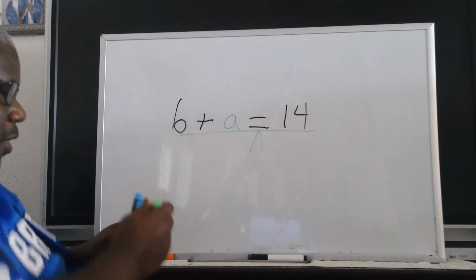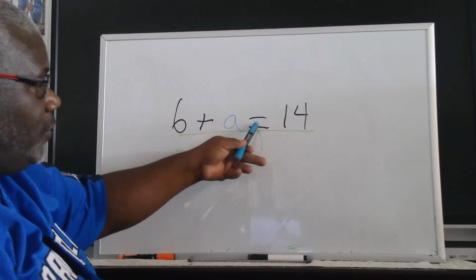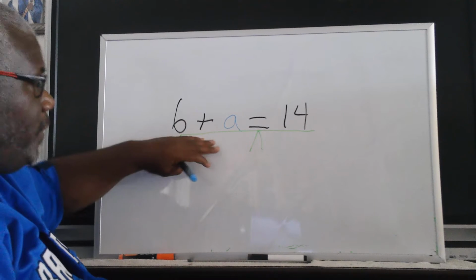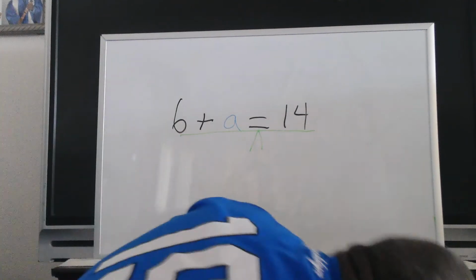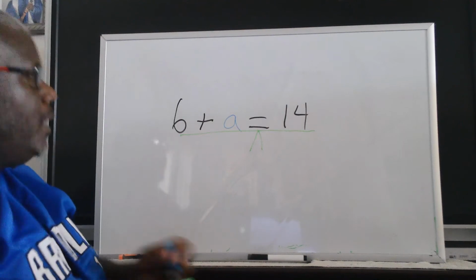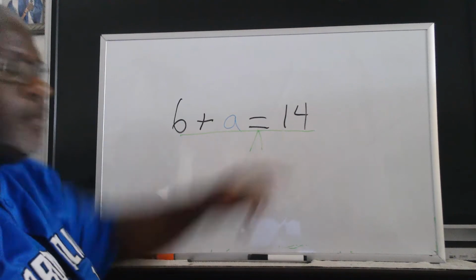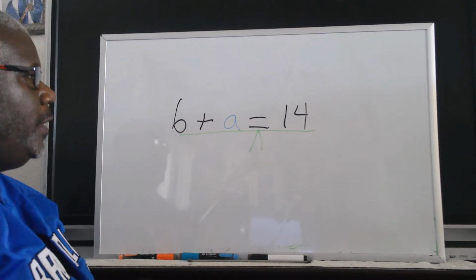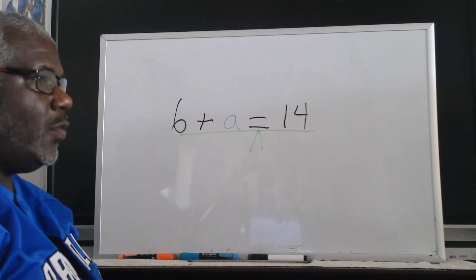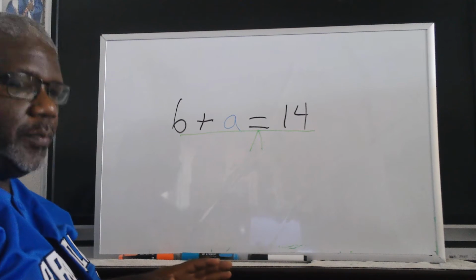This symbol, the equal sign, means what's on this side is the same as what's on that side. Real simple. Well, in mathematics, we always want to make things equal.